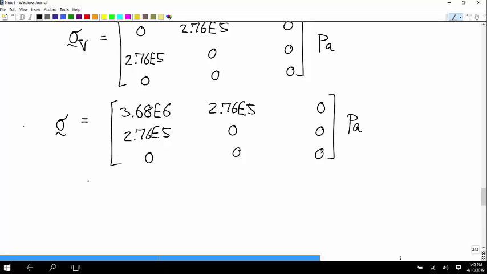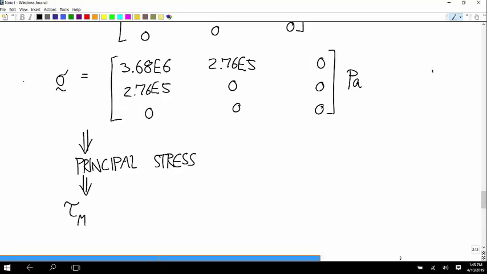Now calculate the principal stress tensor, and then the maximum shear stress is equal to sigma 3 minus sigma 1 over 2. And you compare whatever value you get here with whatever the value is for the brittle material that you're considering to see whether you're worried about it breaking or not.